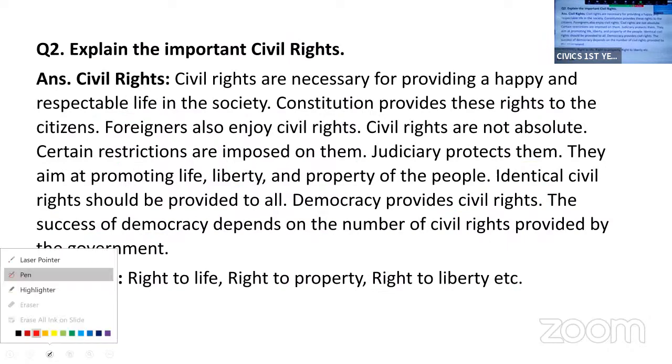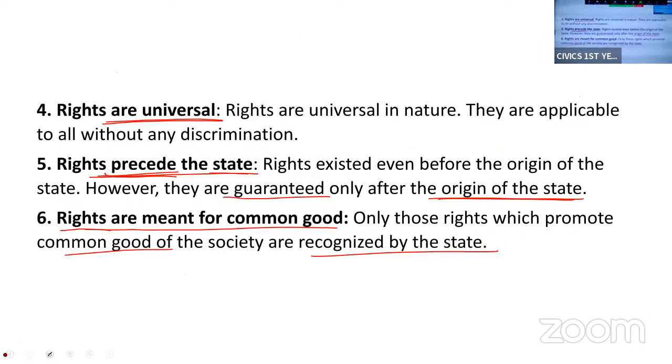Then rights are universal. That means they are applicable to all without any discrimination. And they precede the state, means they existed even before the state was formed. Okay, and they got recognized only after the establishment of the state. And they are meant for the common good.